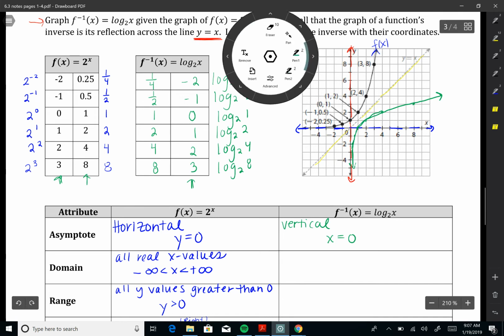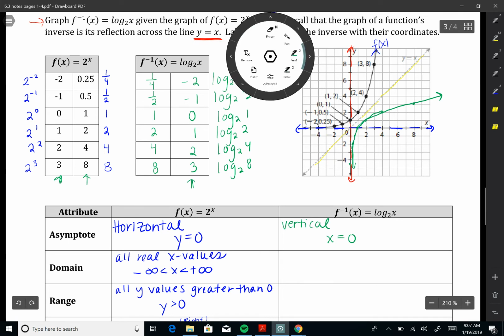Now, our domain, because we have this vertical asymptote, our graph is entirely to the right of x values of 0. So we have all x values greater than 0. We just write that as x is greater than 0.